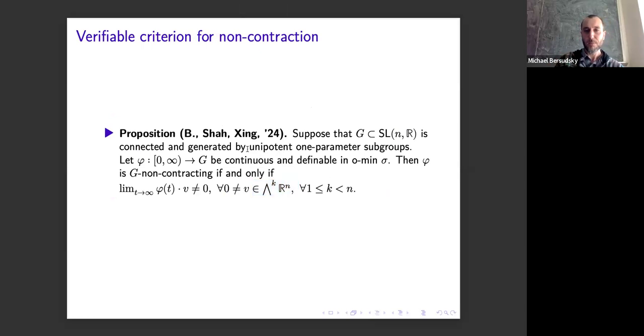So if we take a group G which is generated by unipotent one-parameter subgroups, for example G is some simple group, and the curve is continuous and definable in an o-minimal structure, then the curve will be non-contracting if and only if it does not contract vectors in this exterior product. And this is something that you can verify.